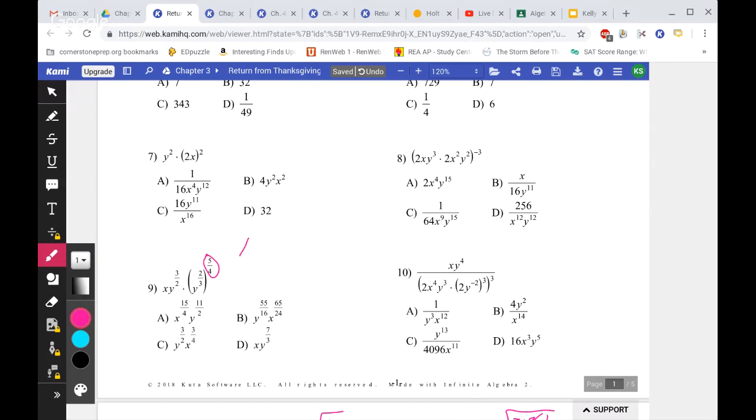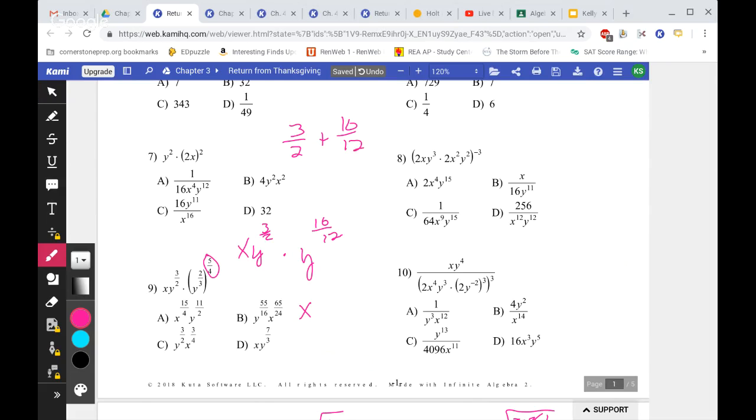Okay? So y to the 3/2 times y, and then 2 times 5 is 10, and 3 times 4 is 12. And then down here, x doesn't change at all because it's not being added to anything, but we're going to add 3/2 and 10/12.